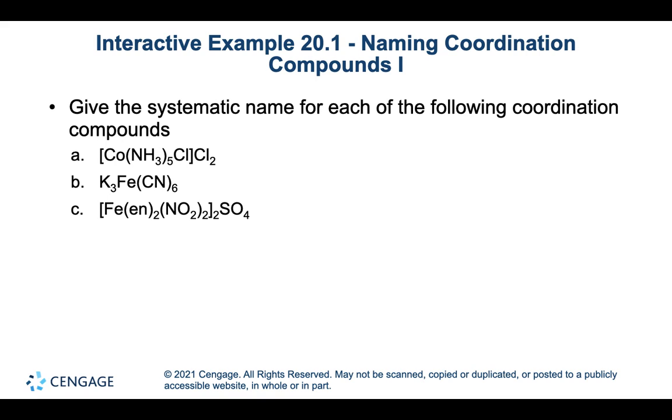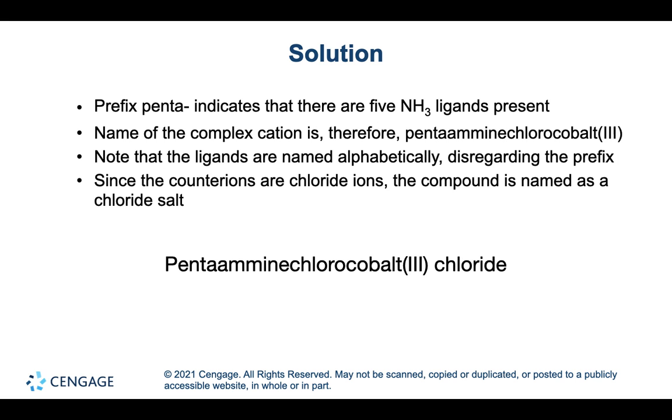I think that's maybe a misprint. I'm trying to add up these charges real quick. Okay, so there are 2 NO2s, each one -1. The ethylene diamine is neutral, so the iron in the complex ion is +3, and the complex ion is +1. And there are 2 +1s to go with the sulfate, which is -2.